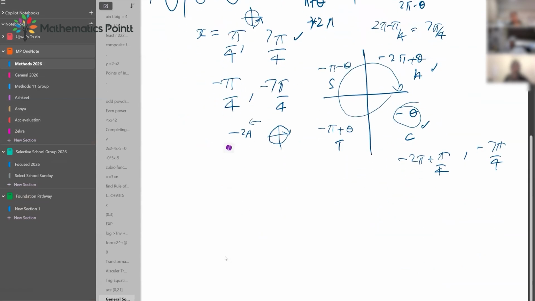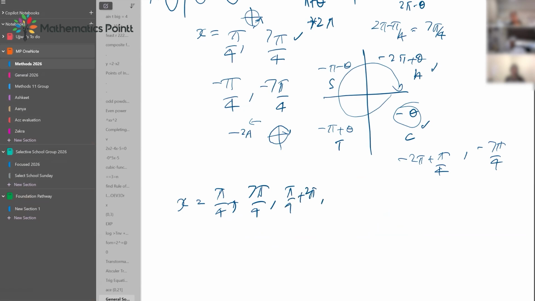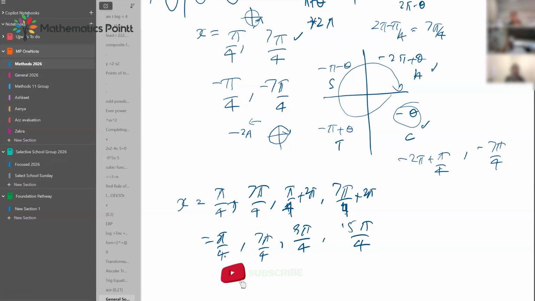So if I do the same thing here, pi on 4 plus 2 pi, and 7 pi on 4 plus 2 pi, this becomes 9 pi on 4 and 15 pi on 4, right? And on the other side, I will get the negative values.